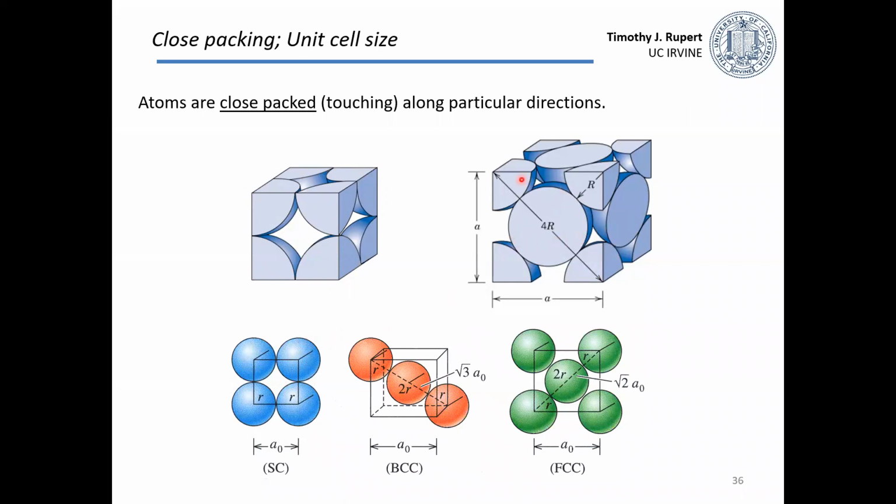In the face-centered cubic, the atoms are touching along the diagonal of that unit cell. And then finally, for the body-centered cubic, the atoms are touching in a diagonal that goes through the cube. So it isn't just in the 2D projection; you have to look at the 3-dimensional picture of that unit cell. It's going from the front top left to the bottom back right.